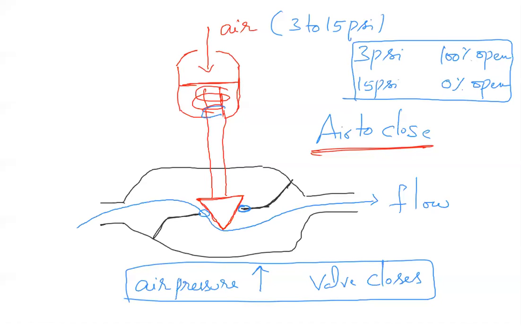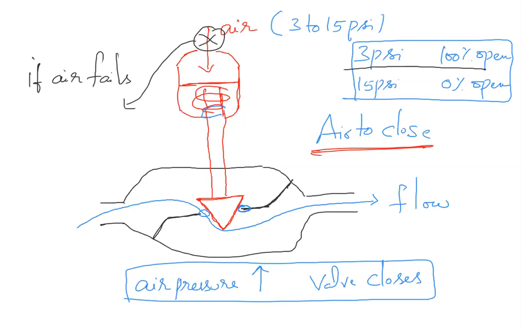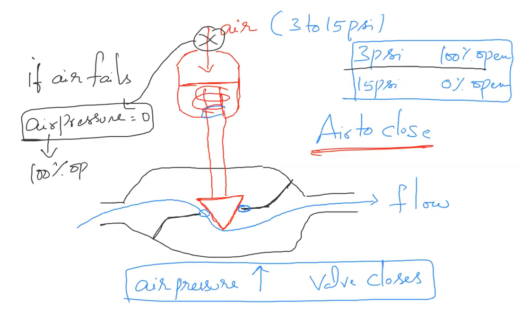With the minimum pressure signal, suppose the air fails, meaning you cut the air here, then the air pressure is 0. When the air pressure is 0, what is the valve position? 100% open.